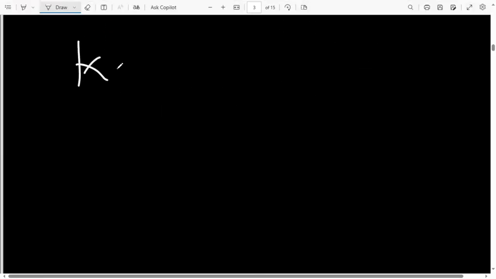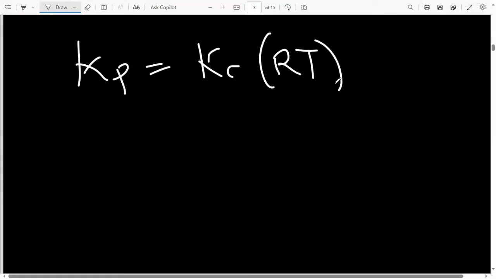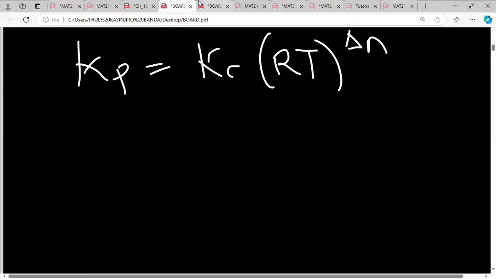We know that Kp is equal to Kc multiplied by the gas constant R times the temperature, and then we raise this to the power of the change in moles. How do we get this change in moles? We look at the product side and the reactant side, get their moles, and subtract them.